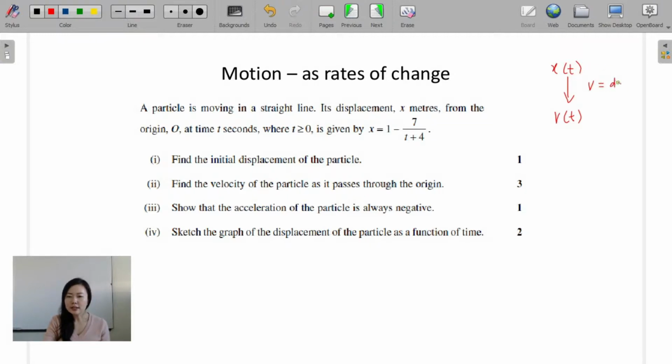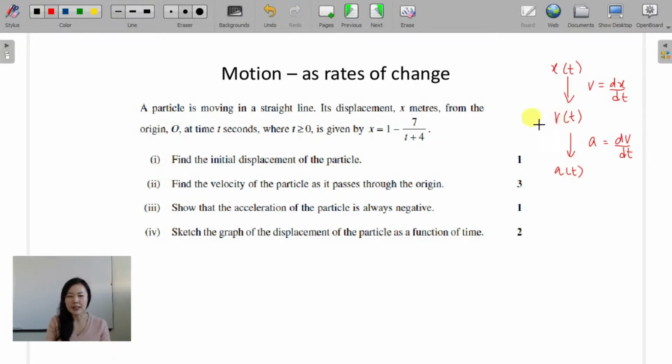So v is dx/dt. To go from velocity to acceleration, you differentiate again. That's pretty much it. So velocity is the rate at which displacement changes, the rate of change of displacement. Acceleration is the rate at which velocity changes.